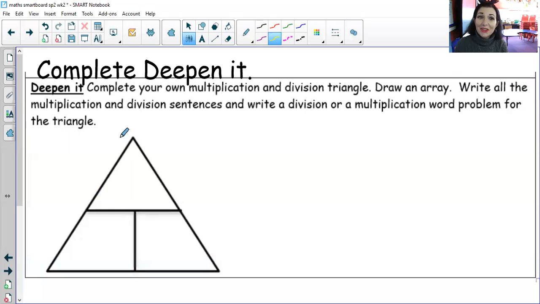Okay, you're going to do this one by yourselves, challenge yourselves, complete your own multiplication division triangle, draw your own array, write all the multiplication and division sentences, and write a multiplication or a division word problem for your own number triangle. Good luck with this. I can't wait to see them.